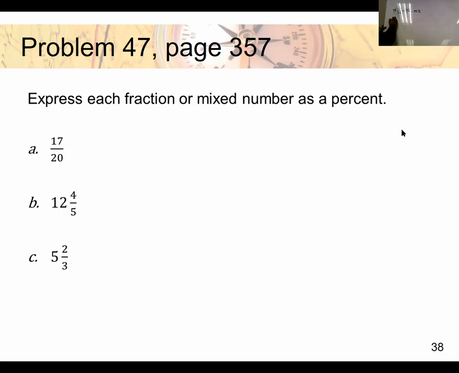Okay. Now, part K, we got 12 and 4/5. And we want to convert that to a percent. And of course, I'm gonna multiply by 100. But for that 12 and 4/5, what I would do is convert 12 and 4/5 to an improper fraction. Okay, so here if I do 5 times the 12, the 60 plus 4 is 64 over 5.